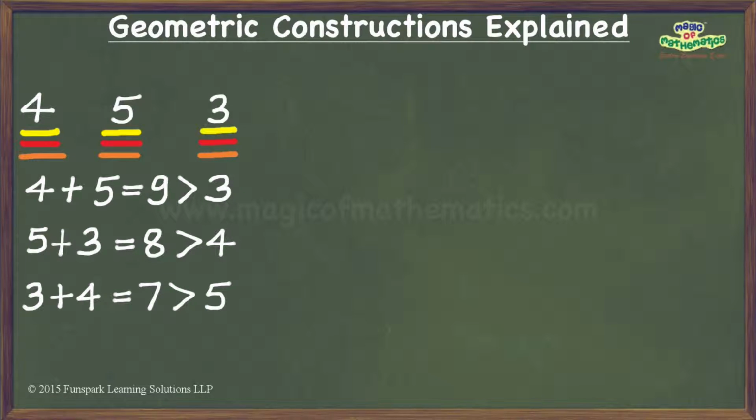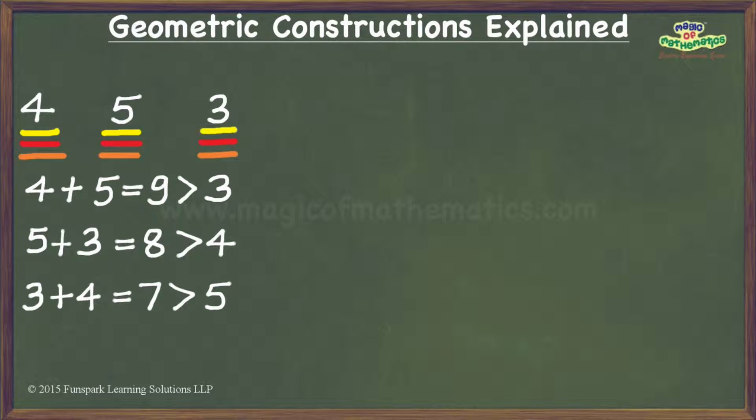We see here that the sum of any two side measurements is greater than the third. Clearly, our side measurements satisfy the triangle inequality property. Hence, we can conclude that it is possible to construct a triangle with these side measurements. Let us now look at how to construct such a triangle.